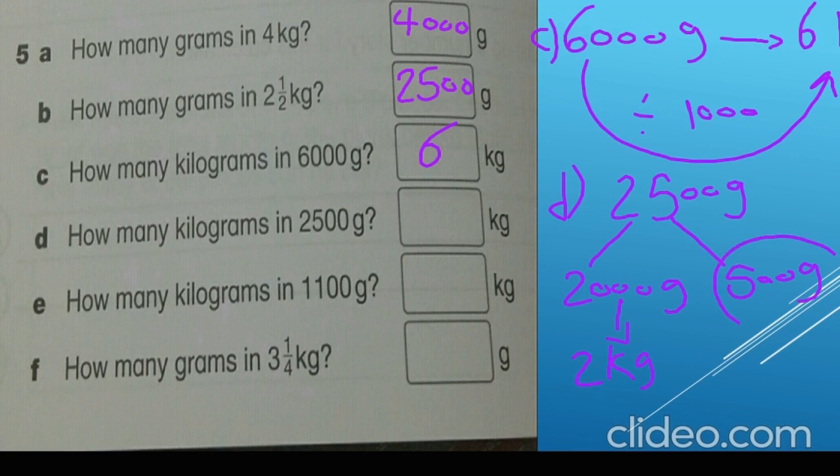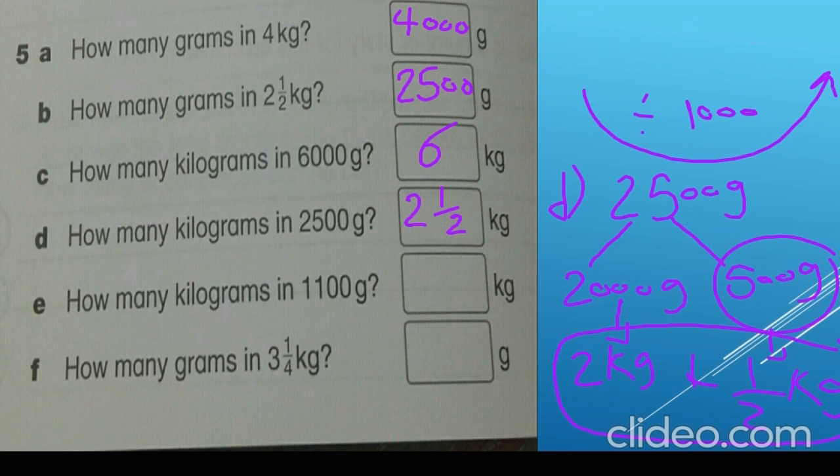And 500 grams means half kilogram. If I add it together, the answer will be 2.5 kilograms.